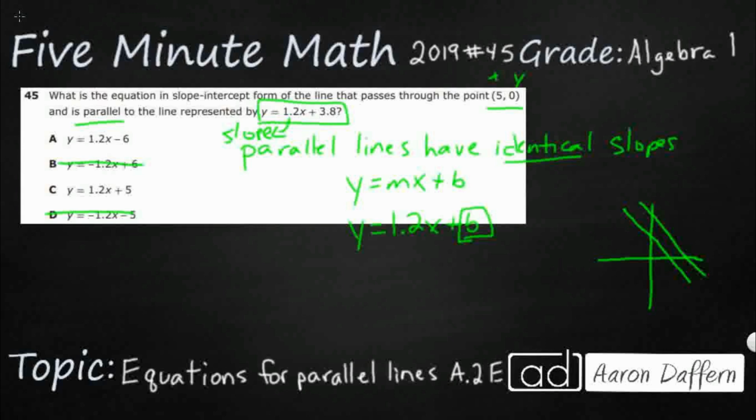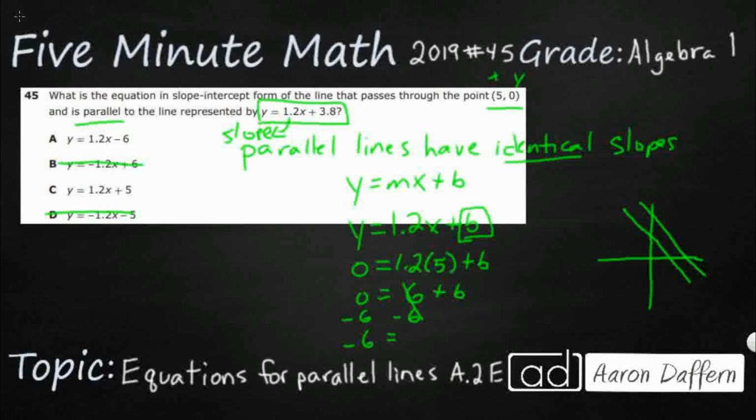So my y is 0 and my x is 5, so 1.2 times 5 plus b. So that's 0 equals 1.2 times 5 is 6 plus b. And then let's just get rid of the 6 by subtracting from both sides.